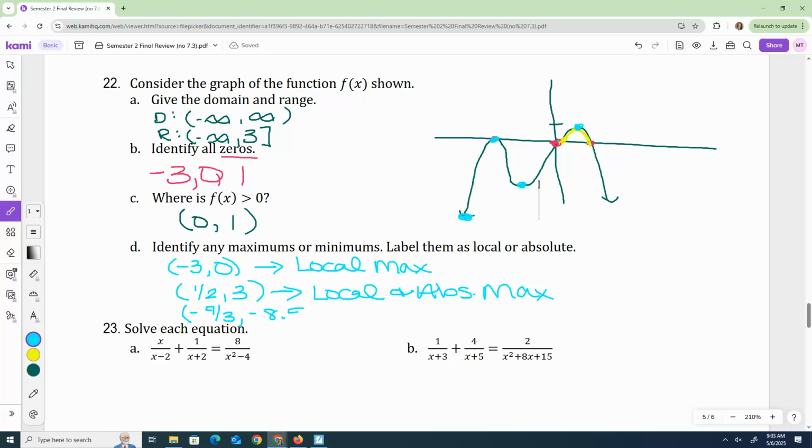So as long as you were close on that one, it is a low point, but not the lowest on the entire graph, so it's just a local min. So if there's one like that, we just need answers within a half a point, probably, just ballpark, and I'll be a little gracious on those if it doesn't work out perfectly.